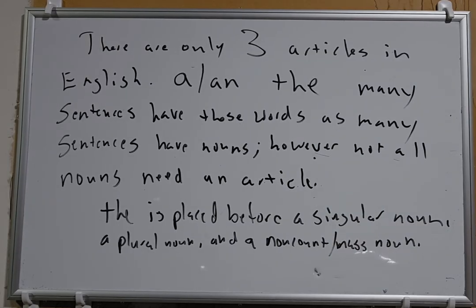There are only 3 articles in English: a, an, the. Many sentences have articles as many sentences have nouns.